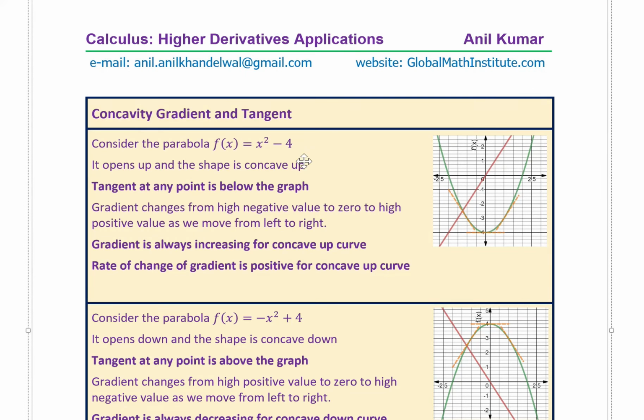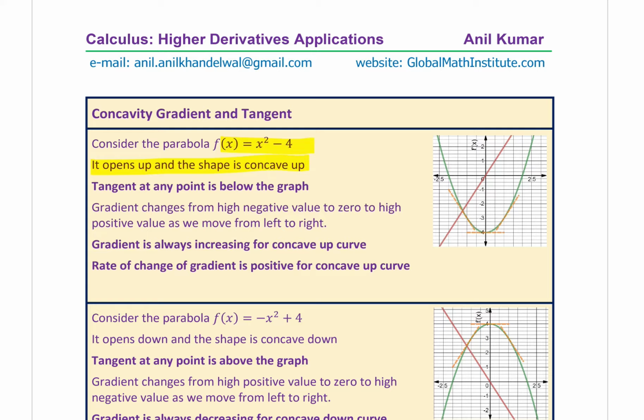Next, we'll talk about concavity now. So let us consider the graph of a parabola, which is f of x equals x squared minus 4. As you know, x squared minus 4 is a parabola which opens upward with vertex at minus 4 as shown. Now let's try to understand this particular graph. It is clear that it opens up and the shape is called concave up, right?